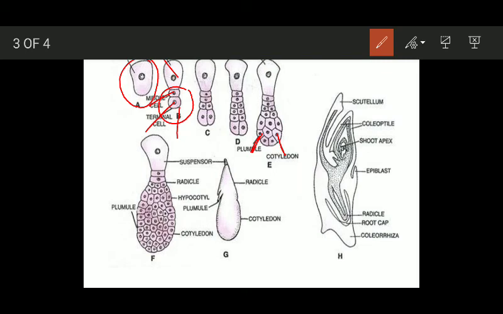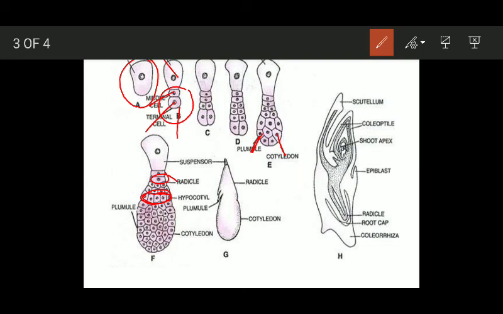The terminal cell gives rise to the plumule and cotyledon after a series of divisions, while the middle cell divides repeatedly and results in the formation of the hypocotyl and the radicle. The region which gives rise to the hypocotyl and the radicle originates from the derivatives of the middle cell.